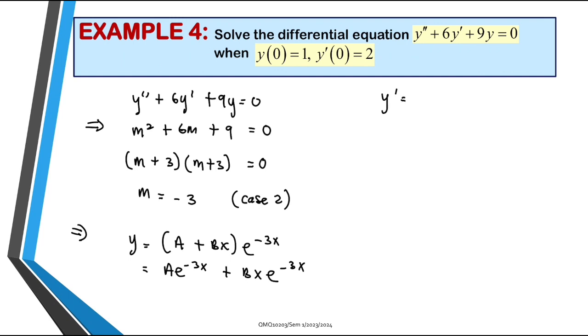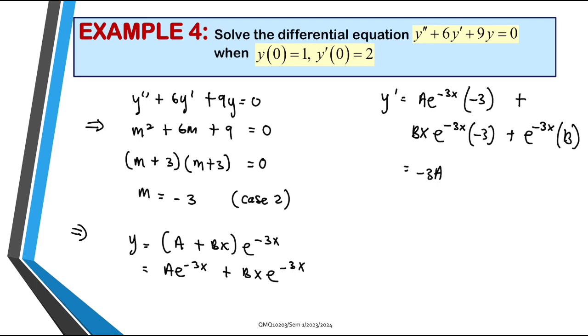So y prime is a e^(-3x) multiplied by minus 3 plus the derivative of bx e^(-3x). For this one, I need to use the product rule because this is a multiplication of u, which is bx, and v, e^(-3x). By using the product rule, I will have bx e^(-3x) multiplied by minus 3 plus e^(-3x) multiplied by b.